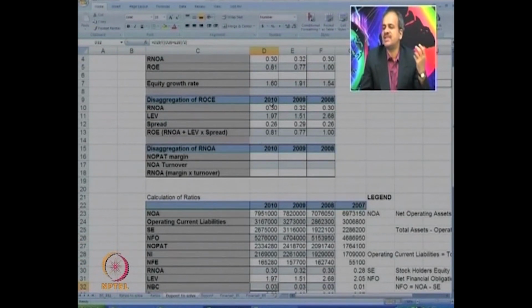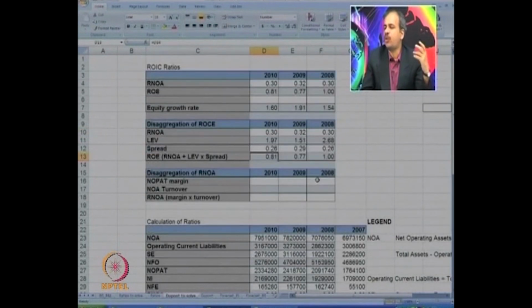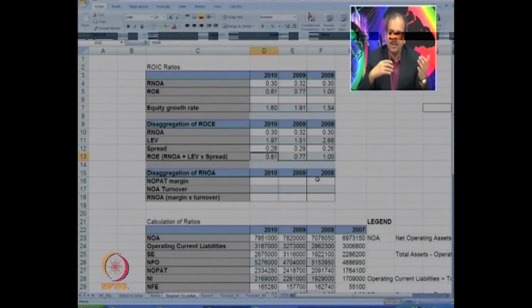So, roughly you can say after reducing that 3%, 26% becomes the spread, and if you add the effect of this 26% for calculating ROE, we get the ROE as high as 0.81. This is how you are able to explain why the return to the owners is as high as 0.81.